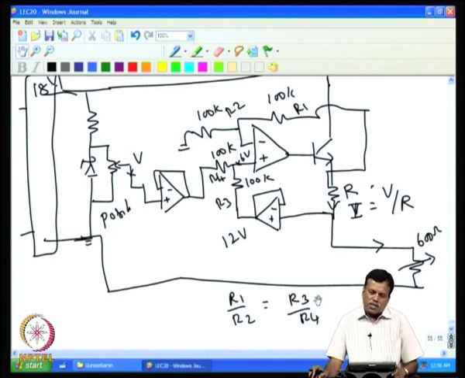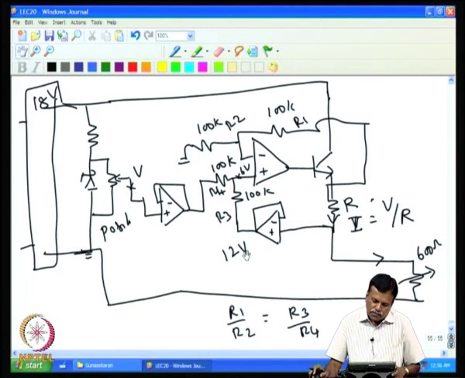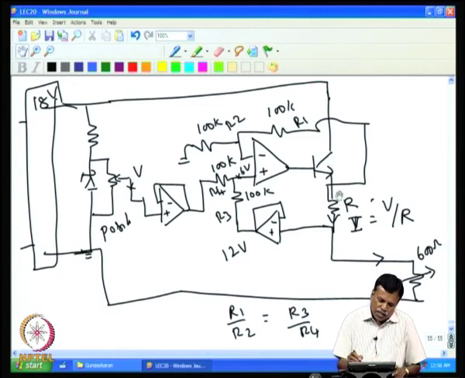Otherwise, this circuit is much easier compared to the other circuit which I discussed, because here one need not struggle with various voltages, the problem we had faced in our earlier circuit. If you see carefully, if this is 18 volt and even if this is close to 18, we have a 1:2 ratio.